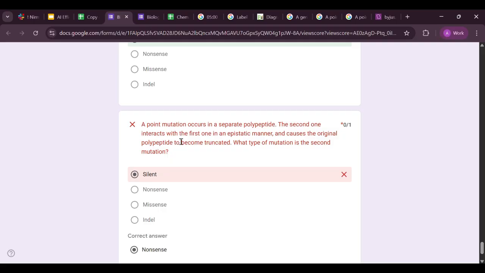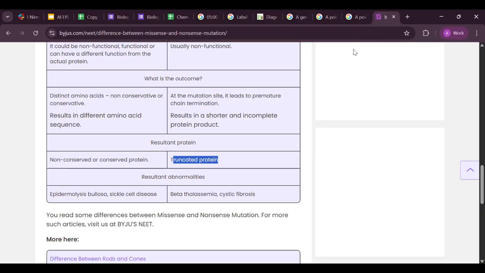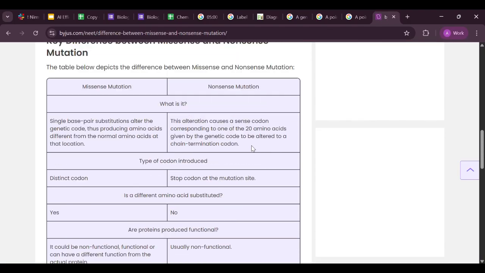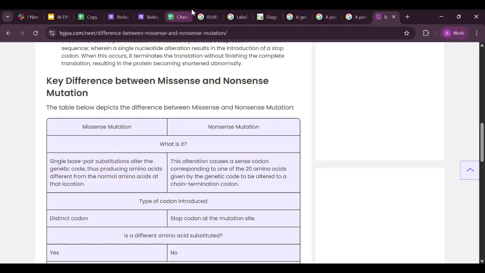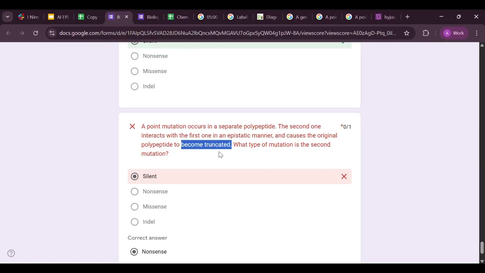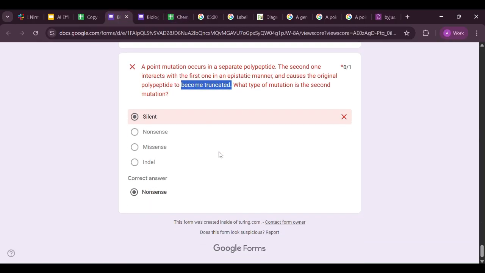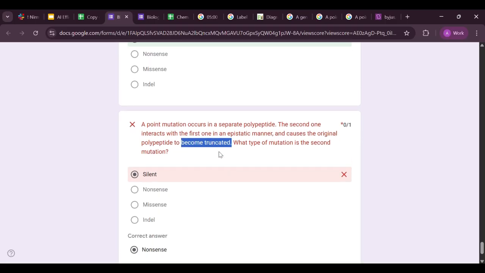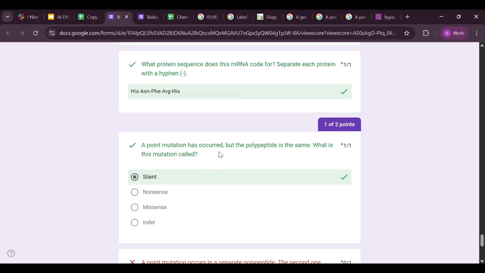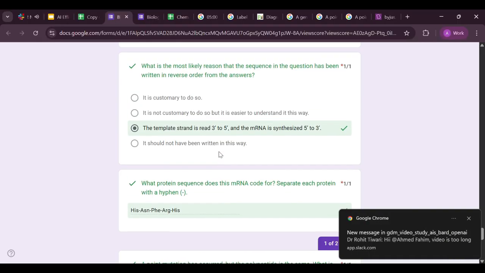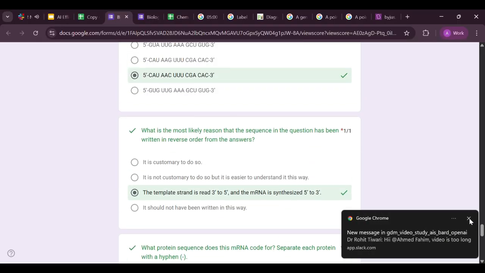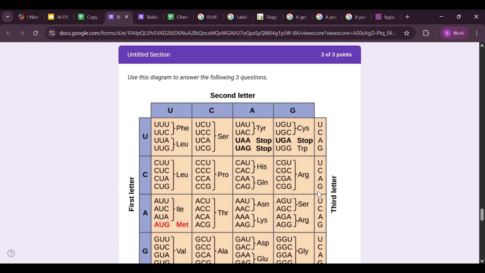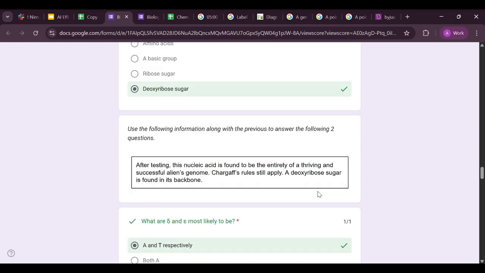So Google helped us to get a clear difference between nonsense and missense mutation. Now I will be having a short break of 5 minutes. We got all the answers here in Google, but somehow we will not be able to get the answer for this part.